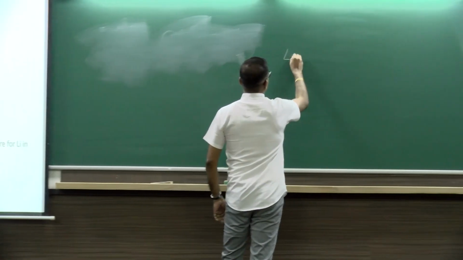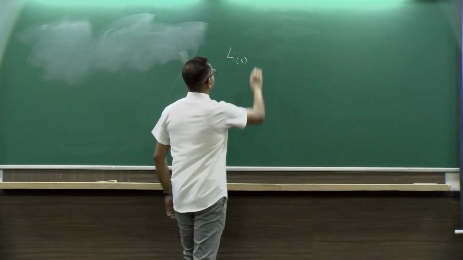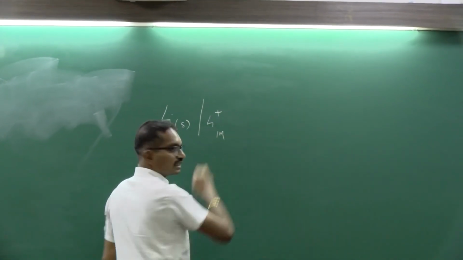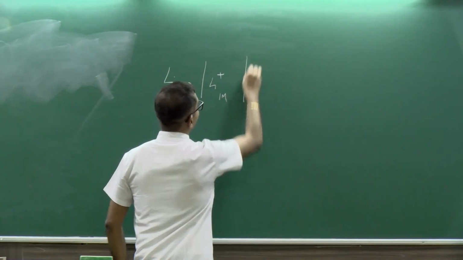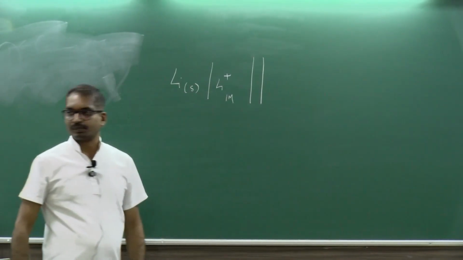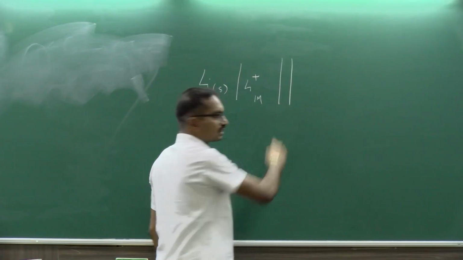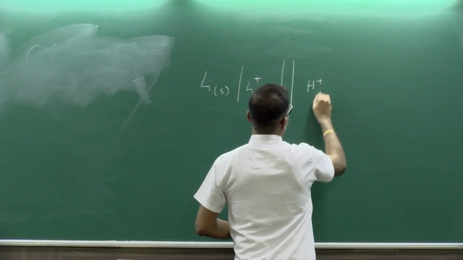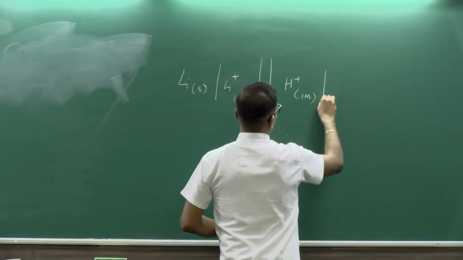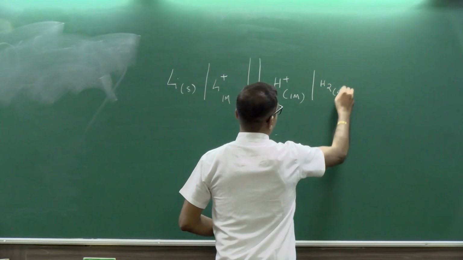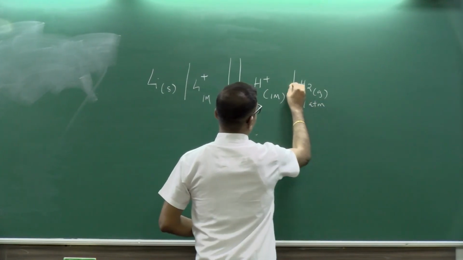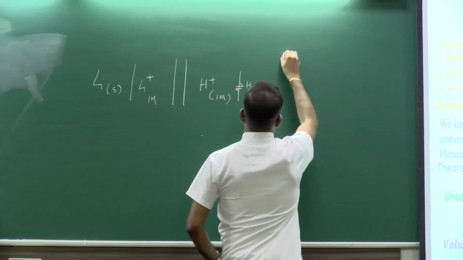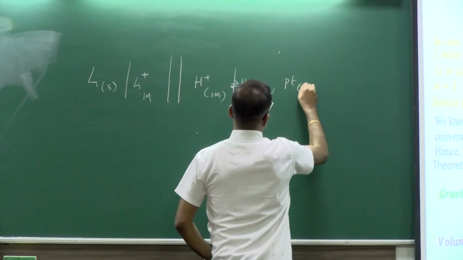So I have lithium metal dipped in a solution containing lithium ion, say 1 molar, standard condition, and then I have something to conduct ions, which I call a salt bridge, represented by the two vertical lines in your textbook. Then I have proton, again at 1 molar concentration. Then I have hydrogen gas at 1 atmosphere. That means there is an equilibrium between the hydrogen gas and the proton in the solution. Then we have a platinum electrode.